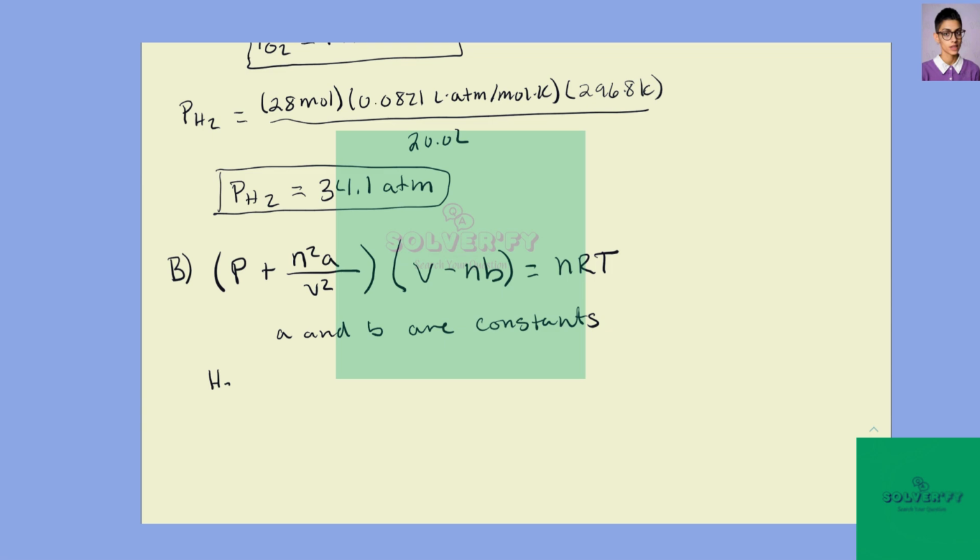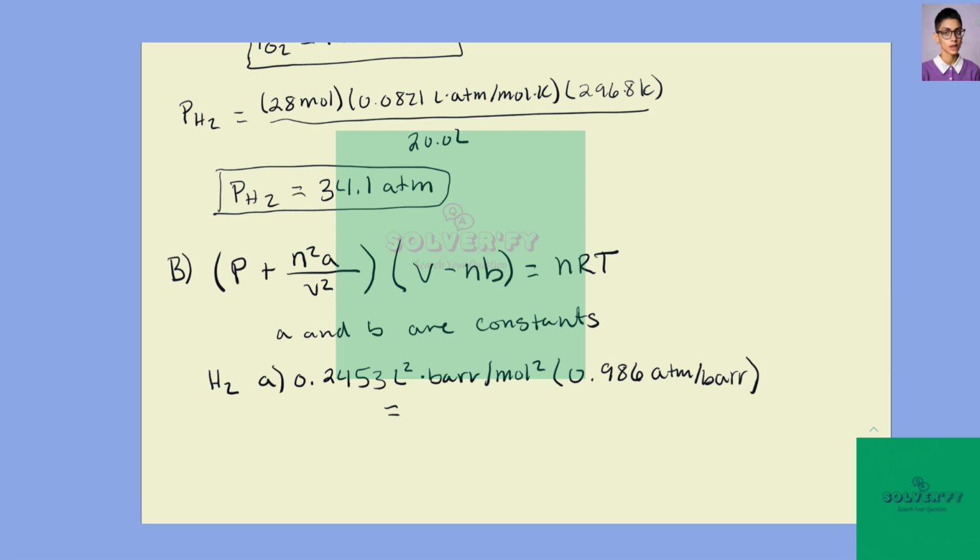So let's write down hydrogen's value. So hydrogen A value is 0.2453. The units for this is liters squared bar per mole squared. To get this into atmosphere, we're just going to times it by 0.986 atmosphere per bar, just to get it into units of atmosphere.